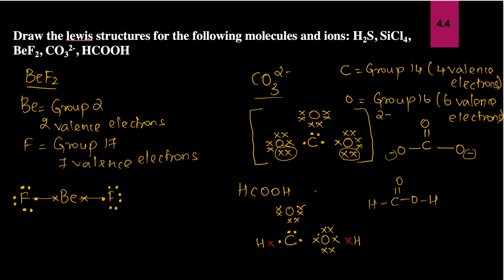So it's very important that when you do a Lewis structure for an atom, for an ion, or for a molecule, you know how many valence electrons are present in each atom, so that in the end when you draw the structure, the number of electrons around them are correct. This is the basic thing that you should know in this topic.